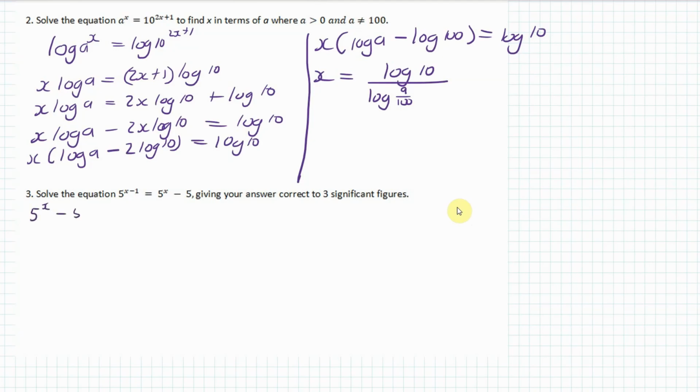I'm going to pull the 5 to the power of x minus 1 across to the same side, and I'll pull this over here. That's what I'm doing.